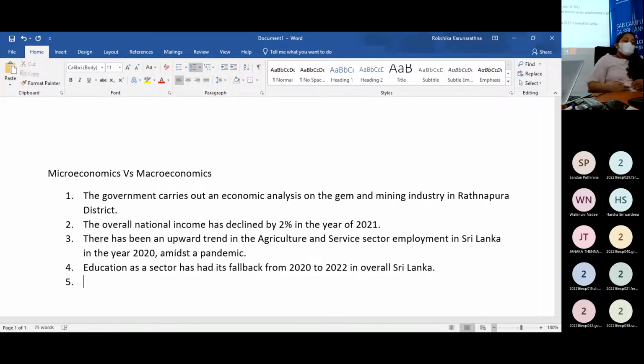Fourth one, education as a sector has had its fallback from 2020 to 2022 in overall Sri Lanka.